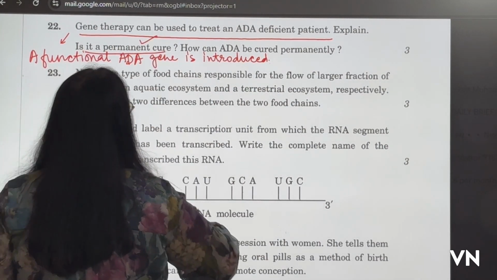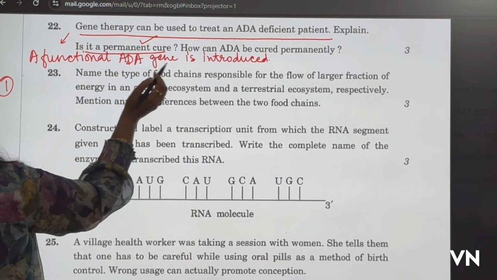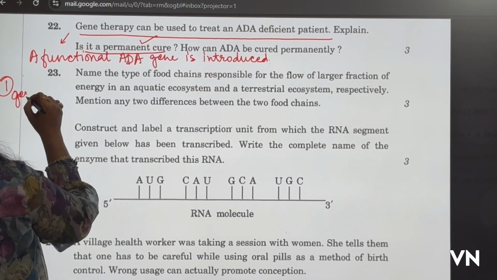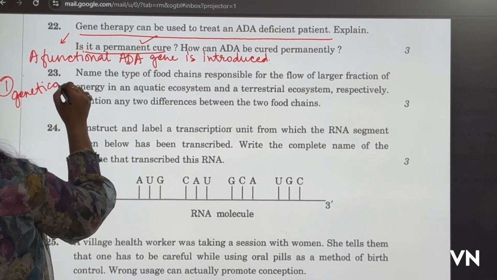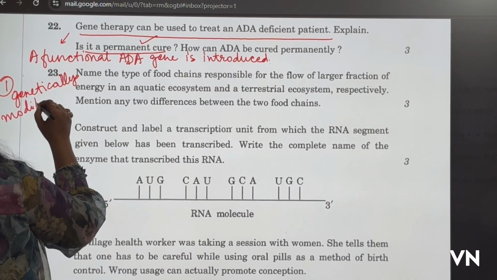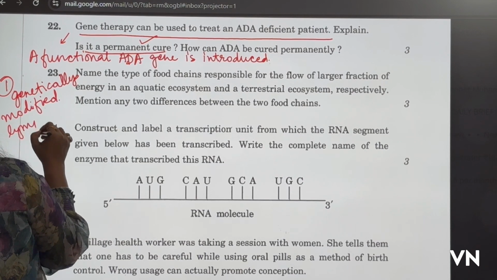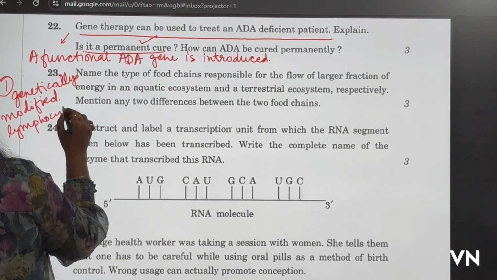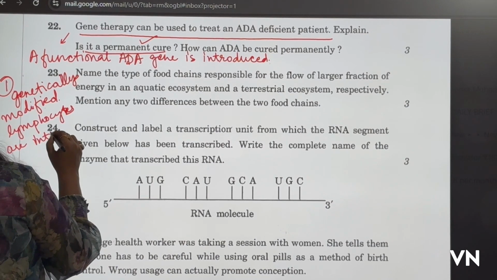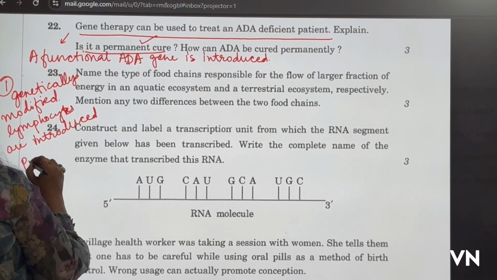Yes, it may be permanent if the genetically modified lymphocytes are introduced periodically.